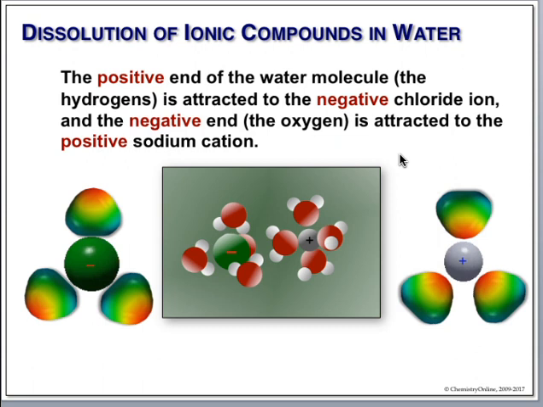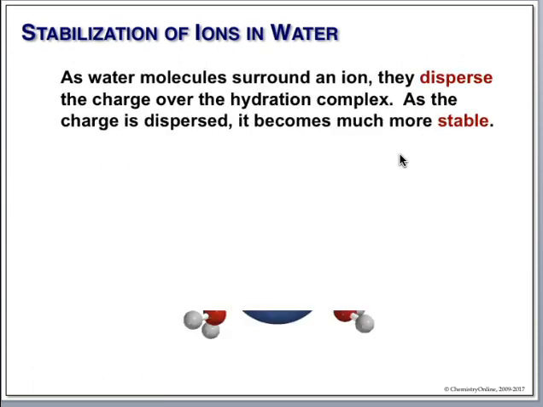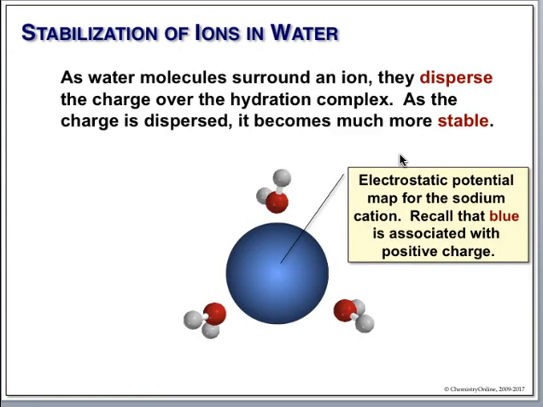Now we can actually calculate this a little more closely. Let's start off just with a sodium ion, which is blue because it's positive. This is the electrostatic potential map, sitting here in the middle, and I'm just going to put 3 waters around it. They're all pointed in with the oxygens, which are negative, pointing inward.